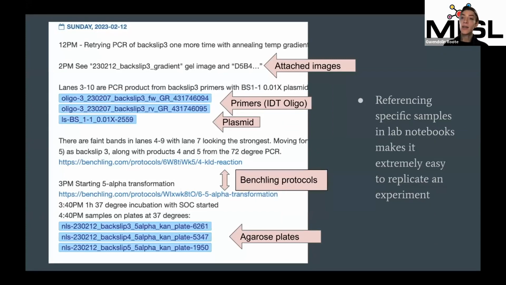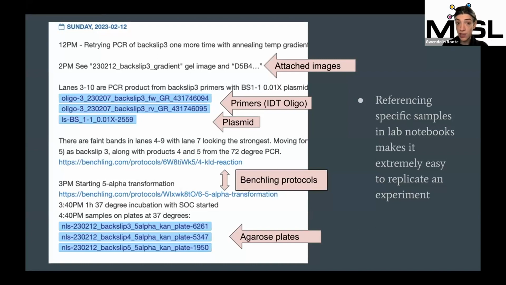So really the thing that I find the most fantastic is having these reference abilities. Anytime that you make a sample or add something to the database, it becomes referenceable in the electronic lab notebook, such that when you mention it in your lab notebook, it creates a link to your database entry for that sample, which obviously is linked to the physical storage location of that sample in the lab.